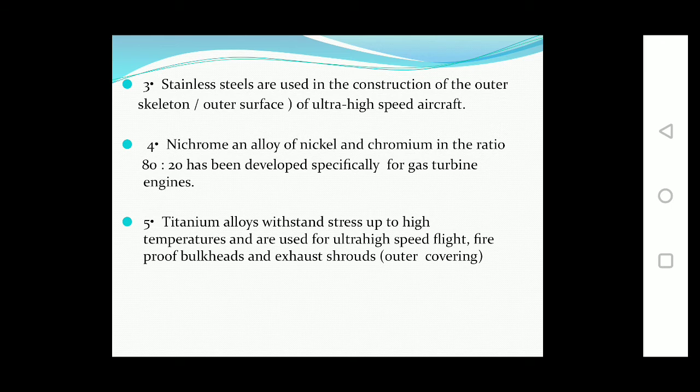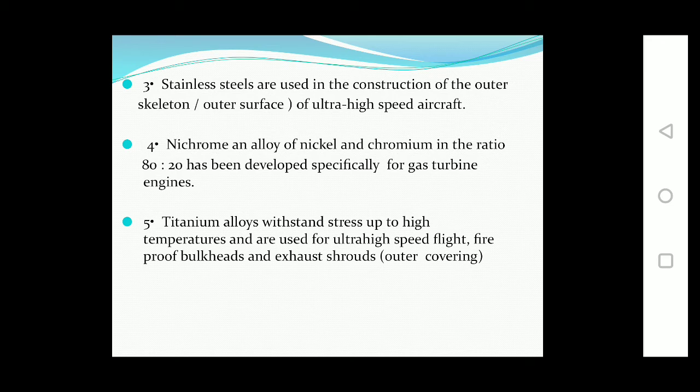Next, stainless steel. This is very tough as well as lustrous alloy. Hence, we use it for domestic purpose to make vessels, but it has the best use for the construction of outer skeleton or outer surface of ultra high speed aircraft. Aircraft, as you know, it is lustrous. That is the first need.